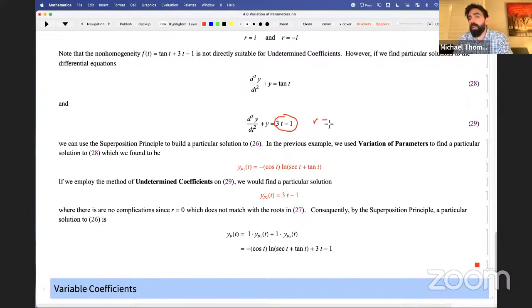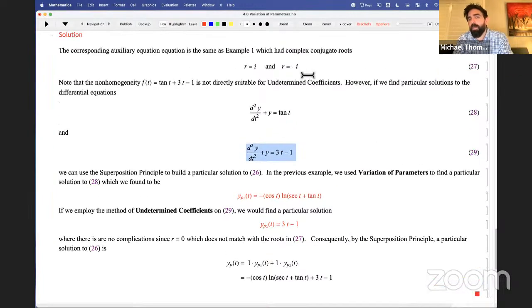So what does R equal here? 0. Remember, it's always on the exponential part. So there's a hidden 0 to the t there. So R equals 0, and R equals 0 does not match the roots of the auxiliary equation. So what that means is there's no complications to worry about when we were solving for this.